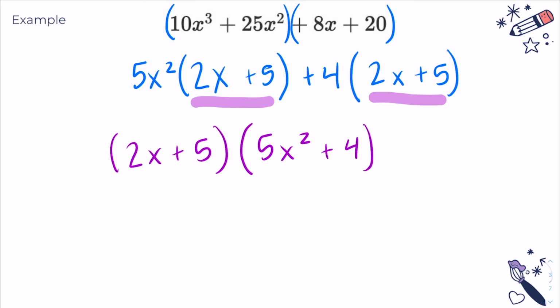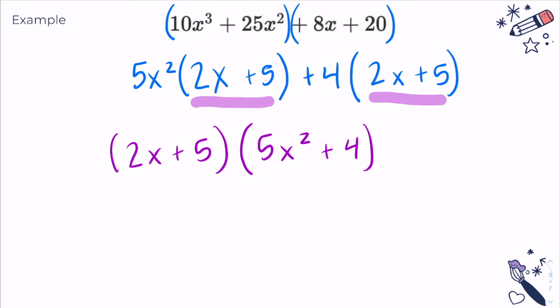Notice how when we factor out 2x plus 5, we bring down our initial GCFs over here, making sure we're taking its sign with the terms. And that's our answer. That's how we can factor a four-term polynomial by grouping.